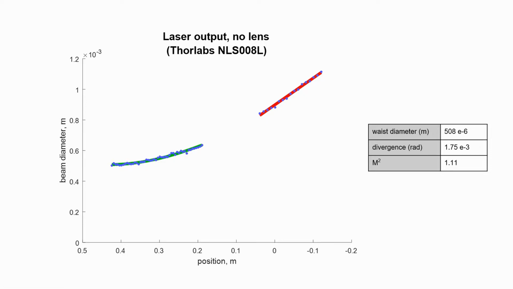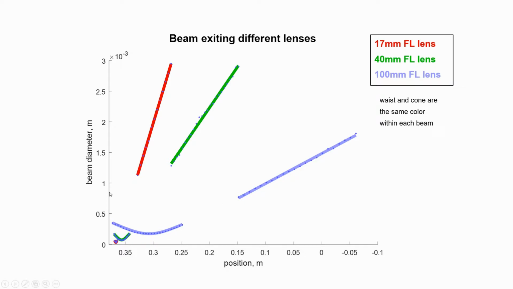But in this case, when I'm comparing several beams at once, I've got both the cone and the waist for the 17 millimeter beam covered in red. Green is for both sections of the 40 millimeter beam, and so on. So throughout this presentation, I'm going to be kind of mixing back and forth between these two color conventions, and you just have to glean what is happening from the context.